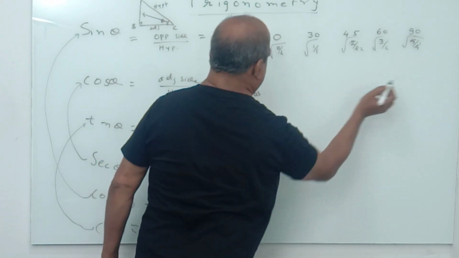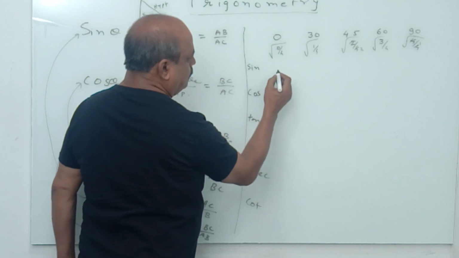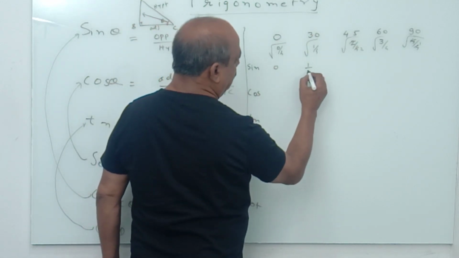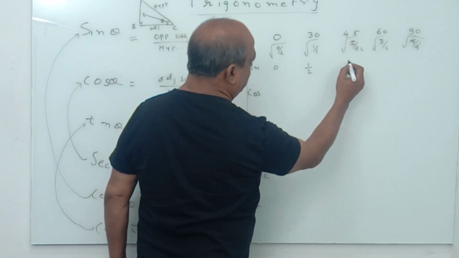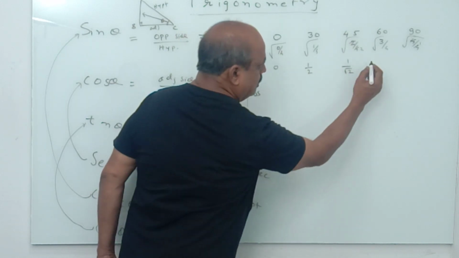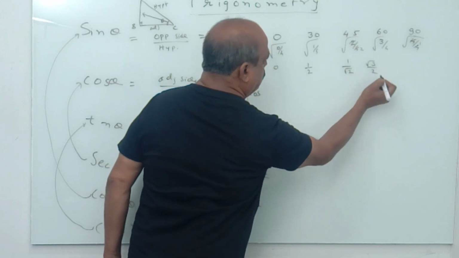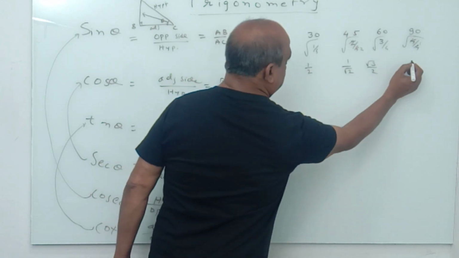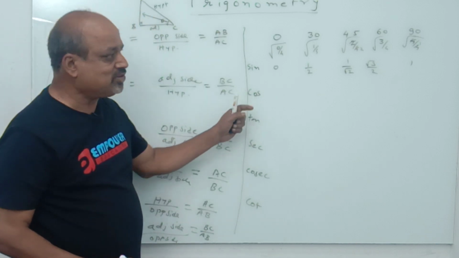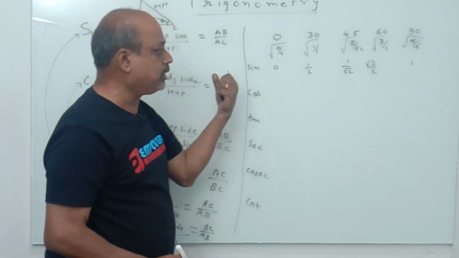So you will get sine 0 is equal to 0. Sine 30 will be 1 by 2. Sine 45 is 1 upon root 2. Sine 60 is root 3 upon 2. Sine 90 is 1.